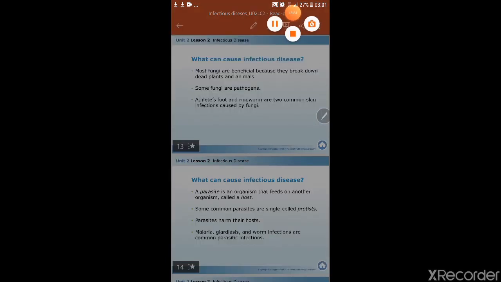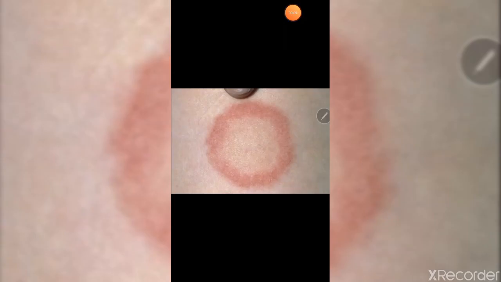Let's see. This is ringworm, which is caused by a fungus. It's called ringworm not because it's caused by a worm, but because of its shape. They gave it this name, so don't be confused. It is caused by fungi, and it can be treated.